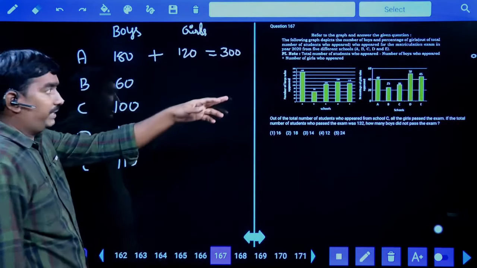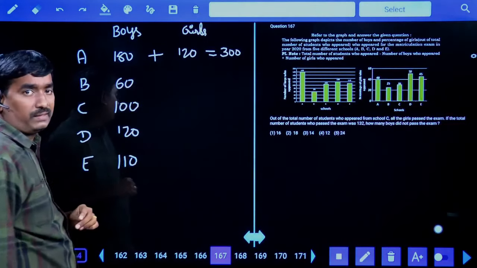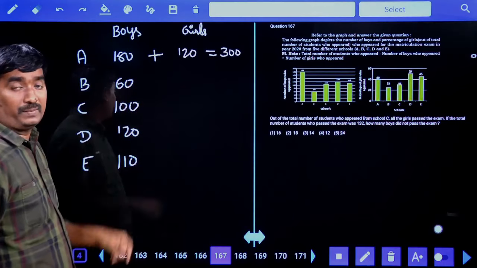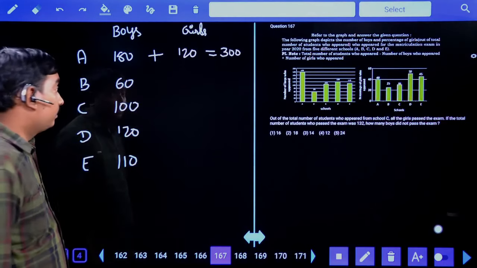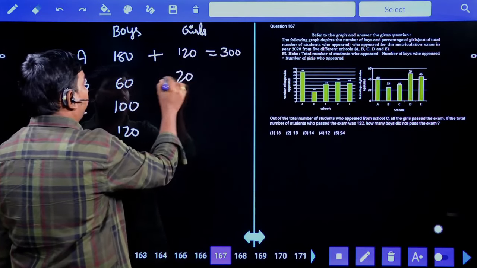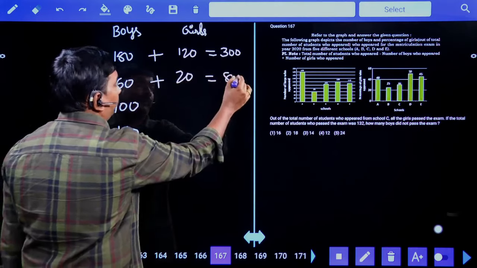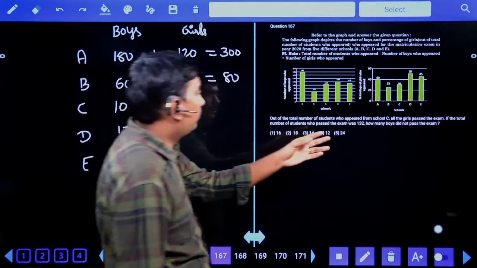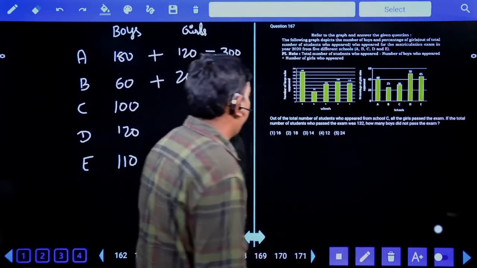School B: girls 25% means boys 75%. 75% value is 60, then 25% value how much? 1/3 means 20. Total 80. School C girls are 30%, so boys are 70%.